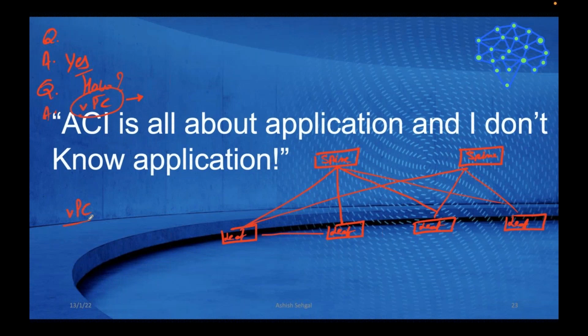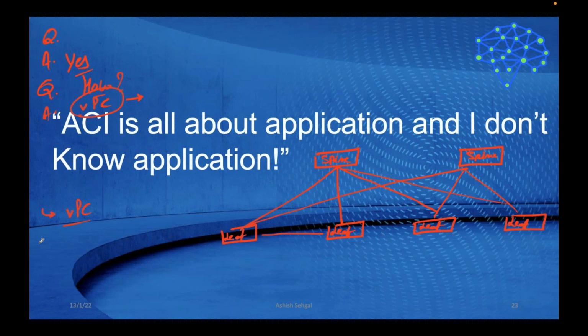So Vasu, my dear friend, do you have some understanding about this topic called VPC, virtual port channel? Yes. It's a kind of connection coming from two different switches going to a particular switch.